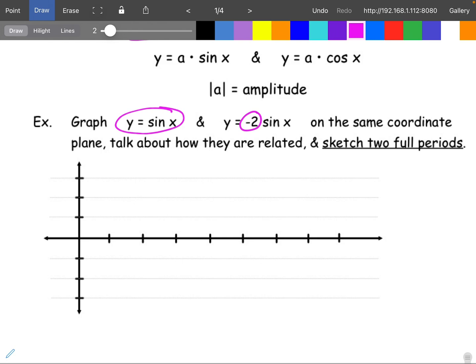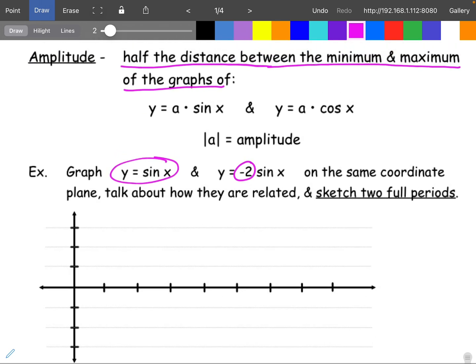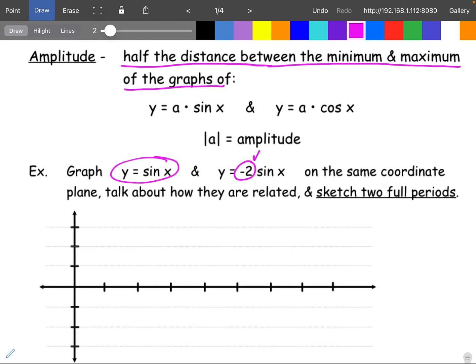And then the 2 is going to be my amplitude, which means my overall height will be 4. So from the lowest point on the graph to the highest point on the graph is going to be 4, because remember, amplitude, this number, is half the distance between the lowest and the highest point.